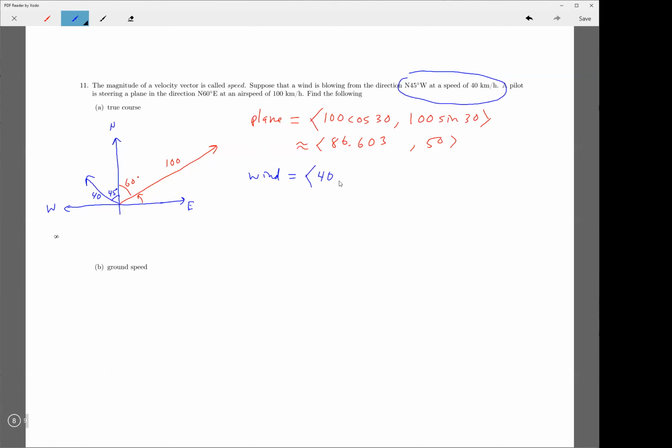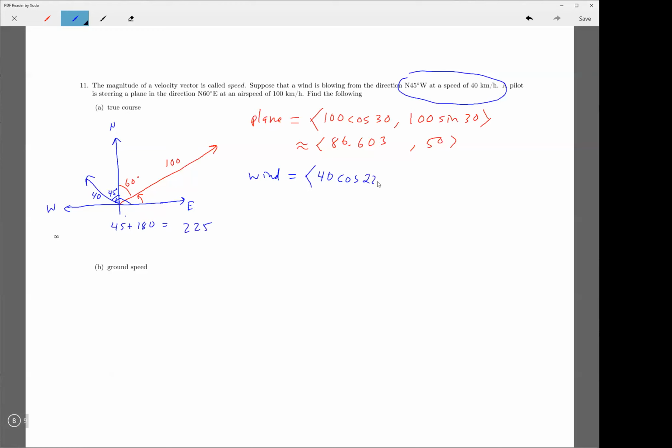The wind is going to be 40 cosine of, now this overall angle is 45 plus 180, or 225.